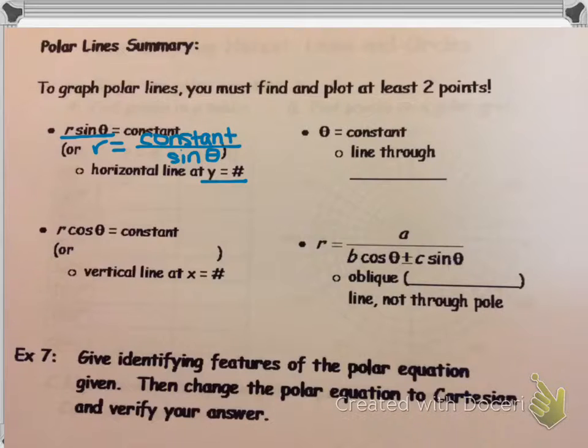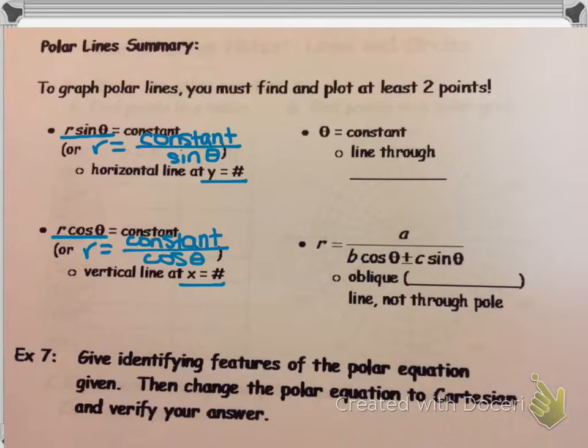The reverse of that, of course, was r cosine theta equal to a constant, so that could have also been given to us as r equals a constant divided by cosine of theta, and that will give you a vertical line at x equals whatever that constant is.